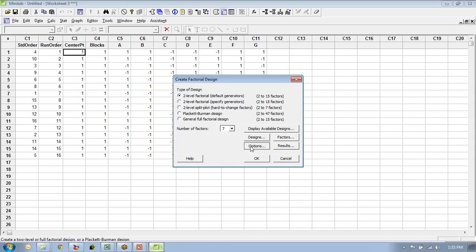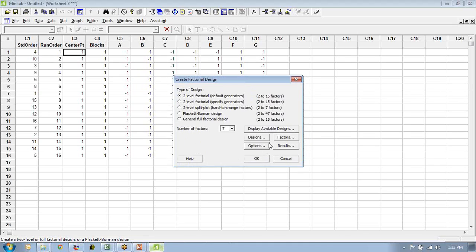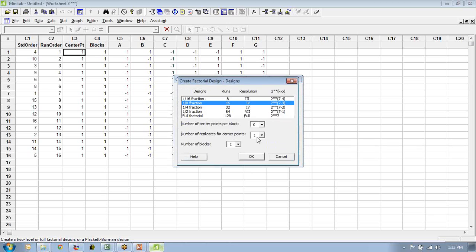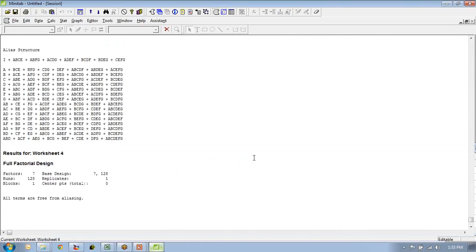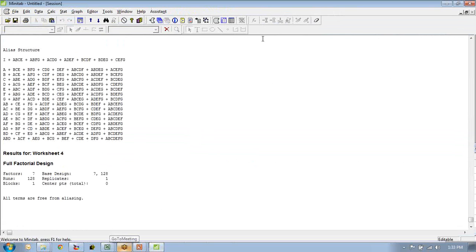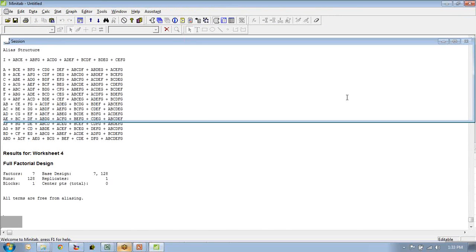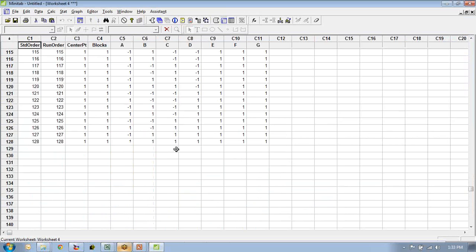You should include randomization in general, but let's just do the full. Okay, so here's our full, and you'll see it goes down to 128.